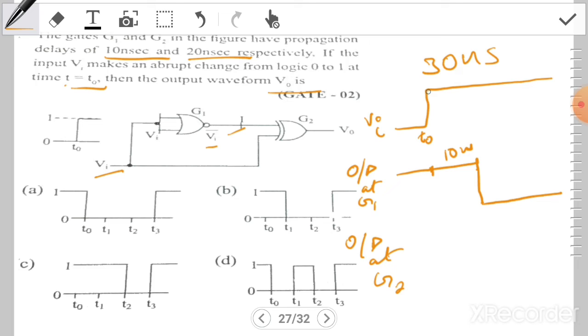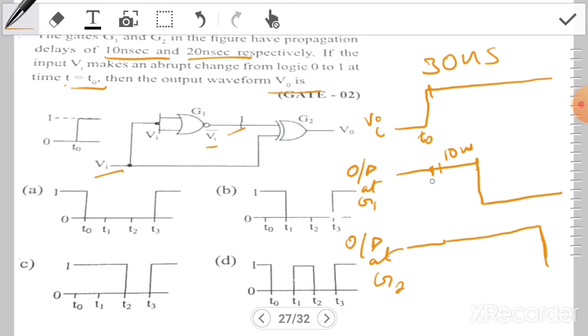So at T0 plus, the output at G2 tends to change, but since there is a delay of 20 nanoseconds, after T0 there will be a delay of 20 nanoseconds and then a transition. Since both inputs are 1 and this is an XOR gate, the output will be 0. So there will be a transition from 1 to 0 after 20 nanoseconds.